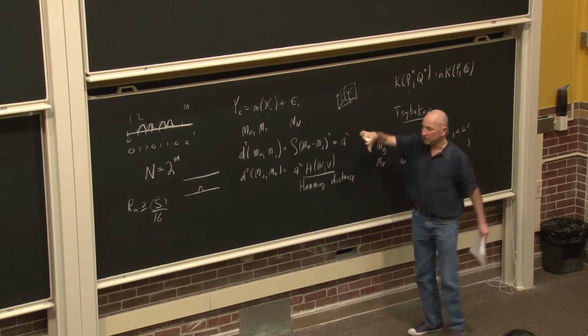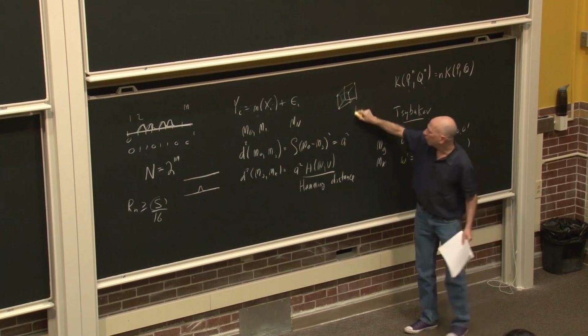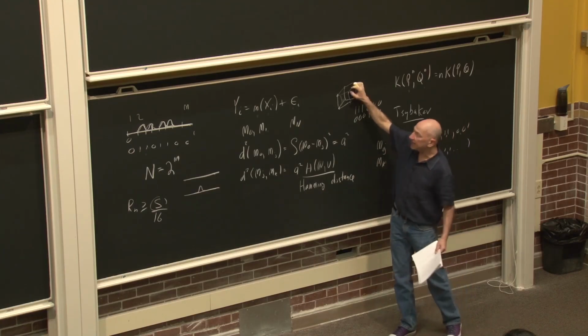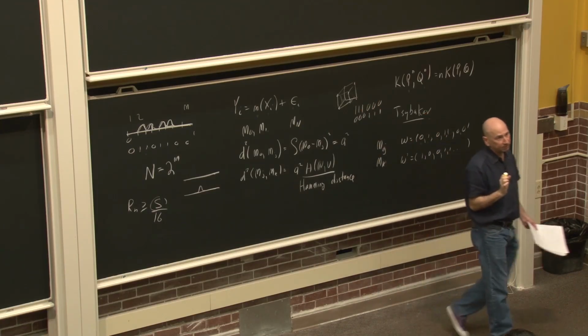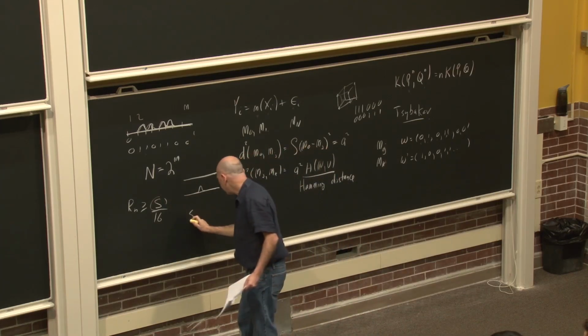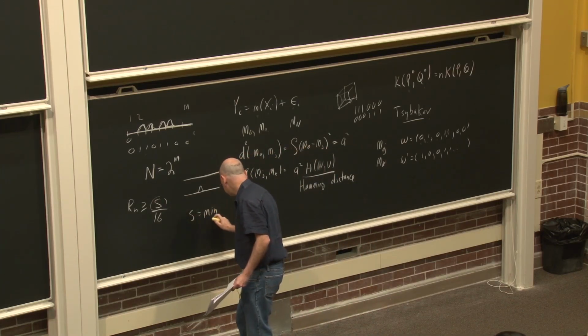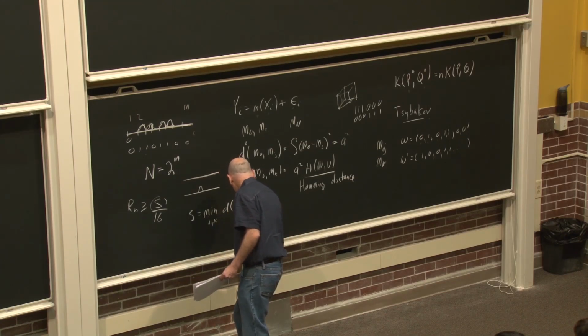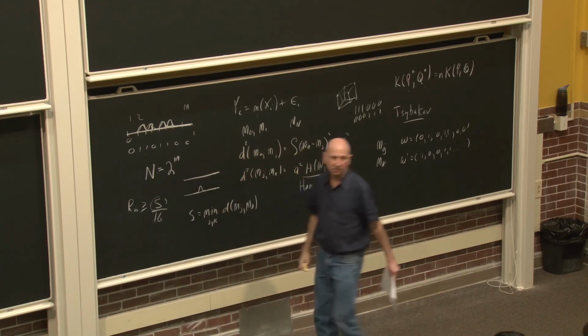And some points on the hypercube are far apart, like 1, 1, 1, 0, 0, 0 and 0, 0, 0, 1, 1, 1. That's good. But there are always going to be neighbors that are close together, too. And because we have to take the minimum, remember, S is the minimum distance over J and K between these functions, that's going to be really small.